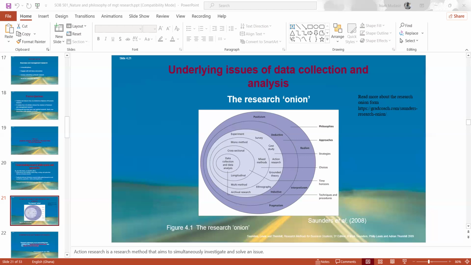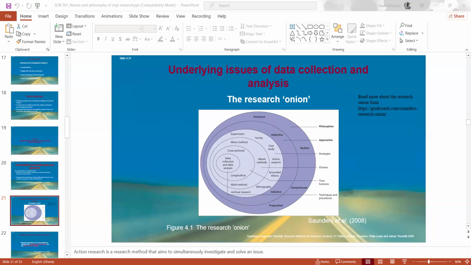Can we just call anything knowledge in accounting, or it must be of a certain caliber before we can regard it as knowledge? That is what philosophy is about. It goes to the foundation of knowledge, the foundation of understanding, the foundation of thinking, the foundation of knowledge generation. That is what we call the philosophy of research.